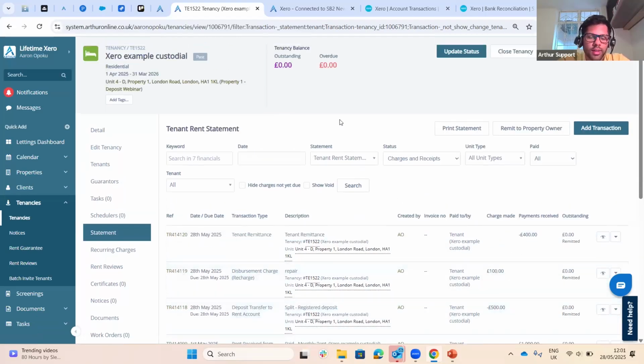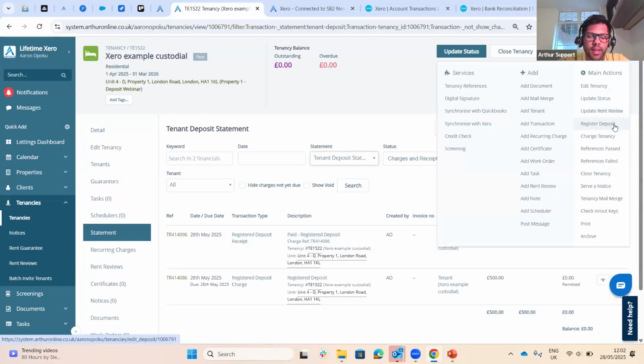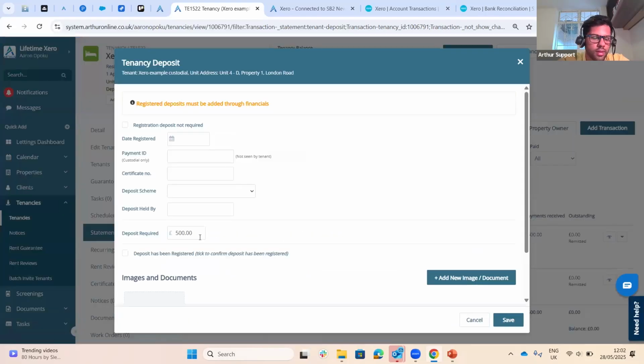So what you can do is, in the new tenancy, instead of raising the deposit charge in the deposit statement, you can just add the deposit amount in here in registered deposit. So this will be done in the new tenancy.